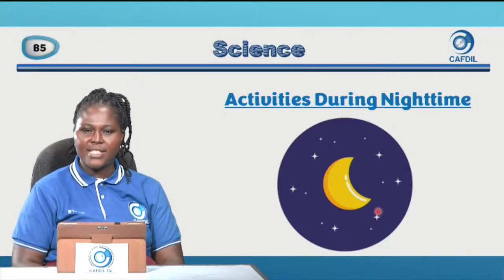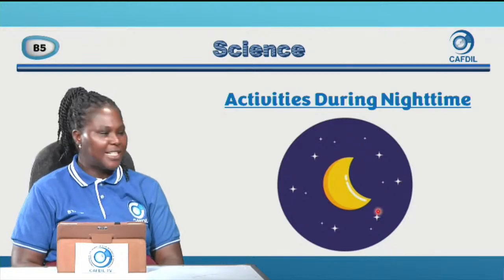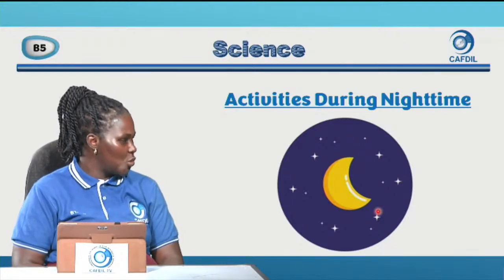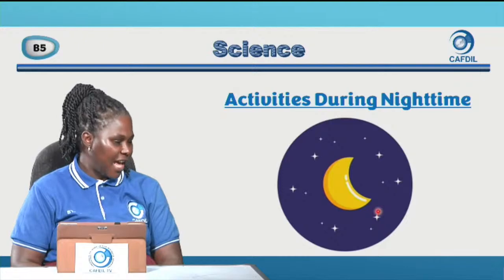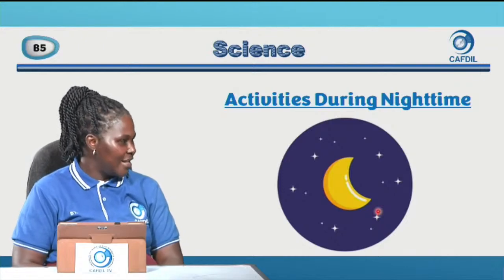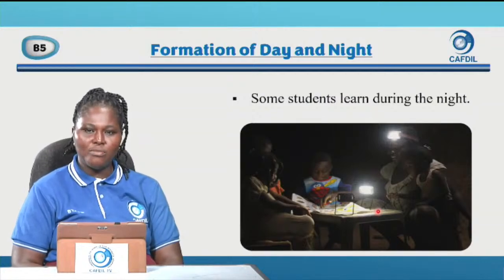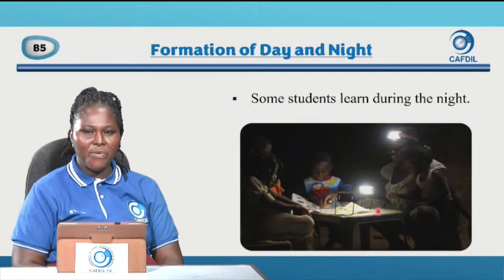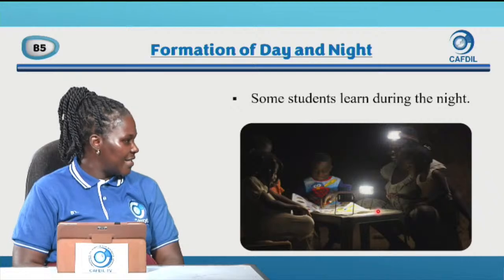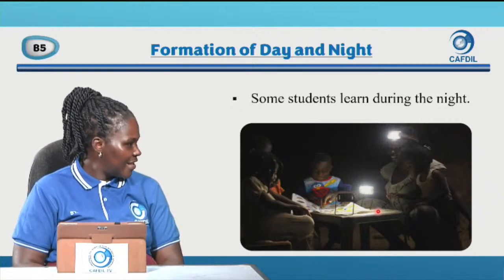Now we are looking at activities during nighttime. Things that we can do during the night time when the sun is not shining. So some students learn during the night. As we can see on our screen, they are learning. The sun is not there.